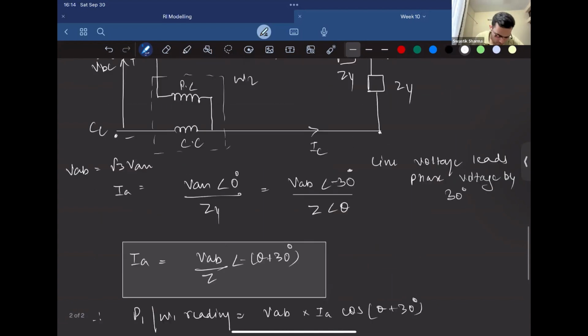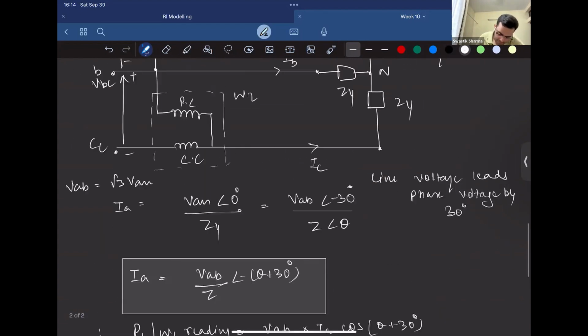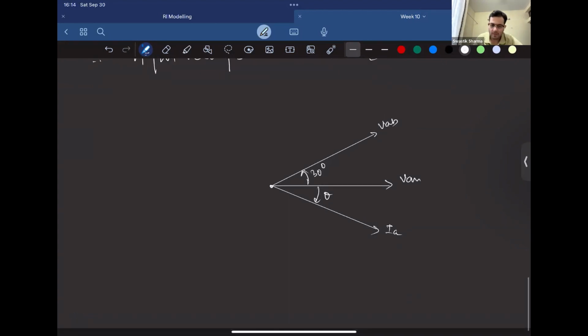Now let's see for the second wattmeter. Let's continue over here only. Let's draw this in the same phasor diagram. We won't calculate anything. We'll just use this phasor diagram to come up with what would happen with that wattmeter, right? So we know VCN will lead VN by 120 degrees and VBN will lag VN by 120 degrees.